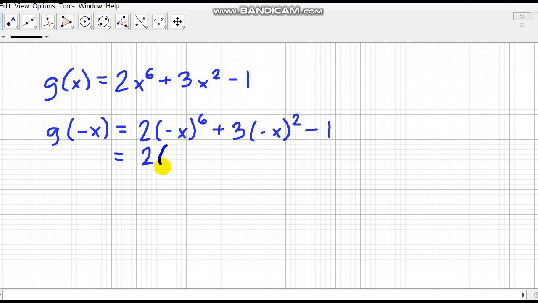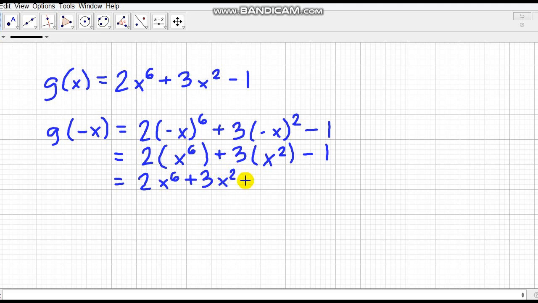So we're left with x raised to the 6th power plus 3. It's negative here, but raised to the 2nd power, so it becomes positive. So we have x squared minus 1. So the result is 2x raised to the 6th power plus 3x squared minus 1.